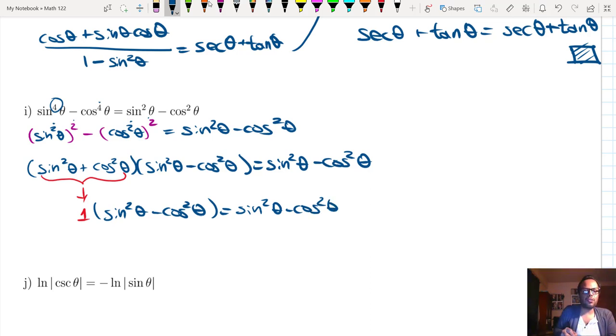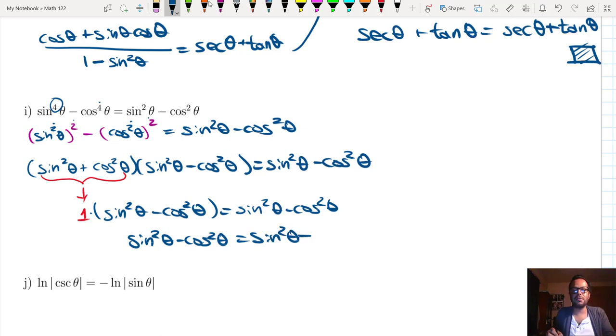Okay, but what is 1 times whatever quantity? 1 times whatever quantity is that quantity, so sine squared theta minus cosine squared theta equals what we have on the right hand side, which is the same, sine squared theta minus cosine squared theta. And that nails it here. Okay.